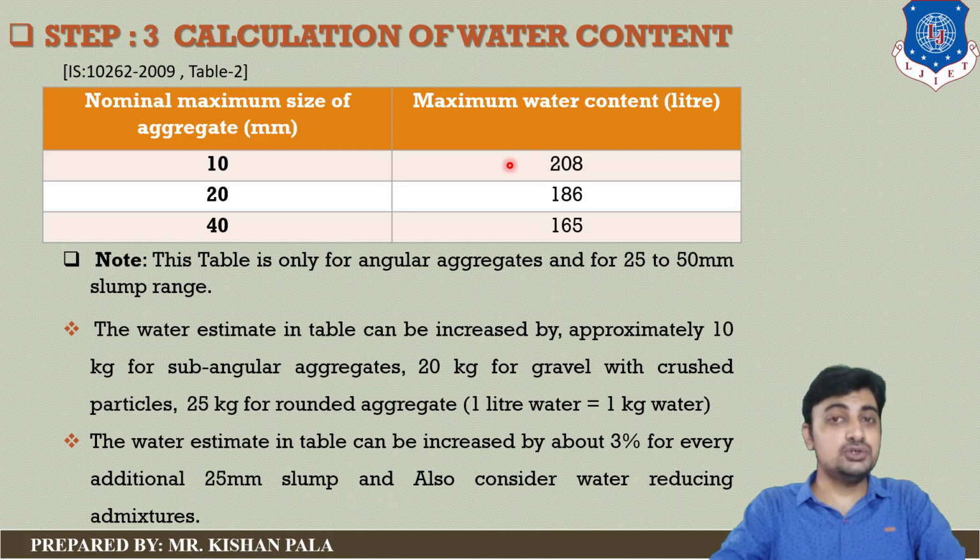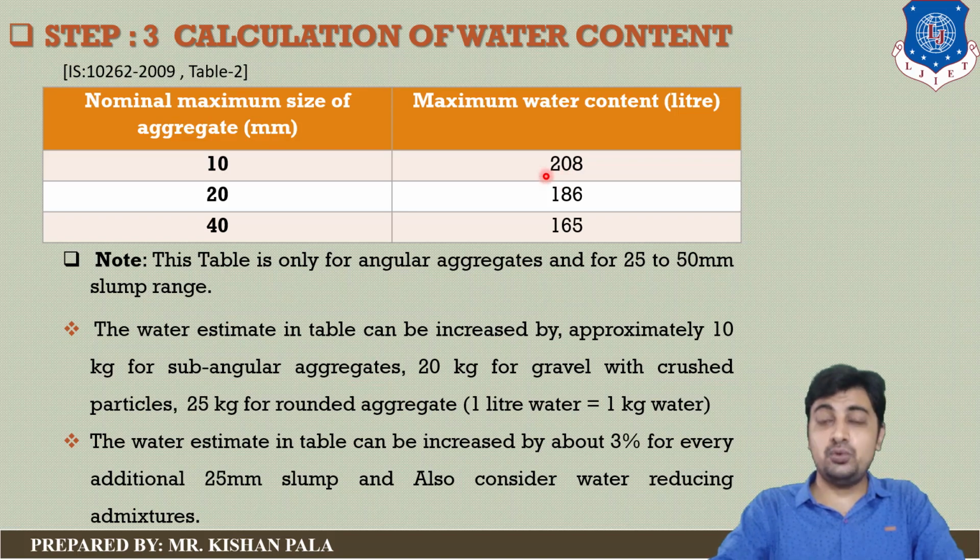For example, we are using the 75 mm slump concrete mass. So in that case, we have to increase this value by 3%. It means 208 liters plus 3% of 208 liters. If you are using the 100 mm slump range, in that case you have to add 3 plus 3. It means you have to add 6% to this value. So for every 25 mm slump range you have to add 3% of the values given in your table.